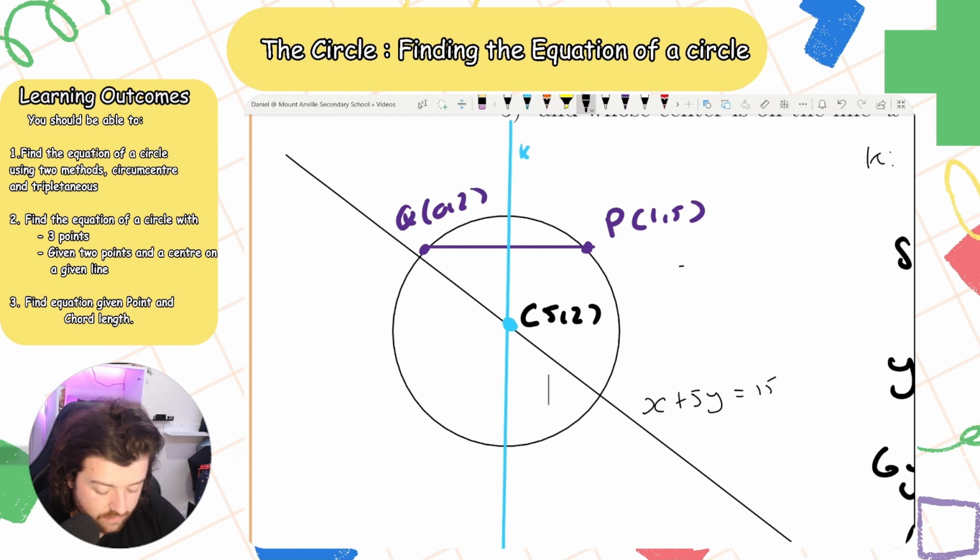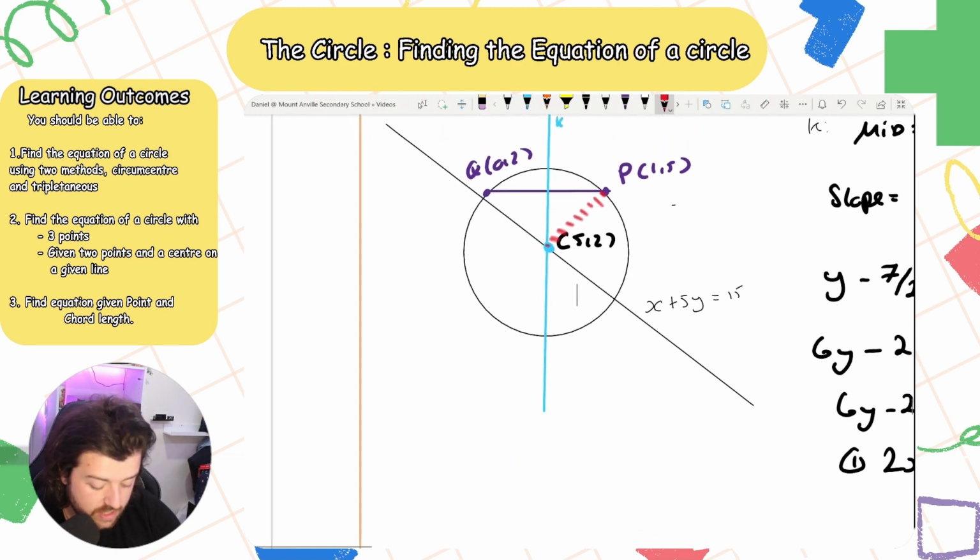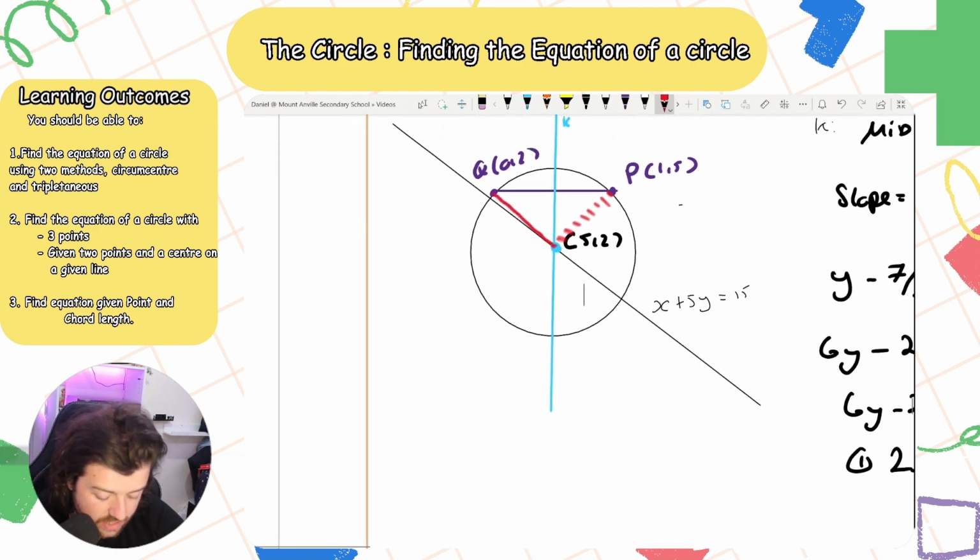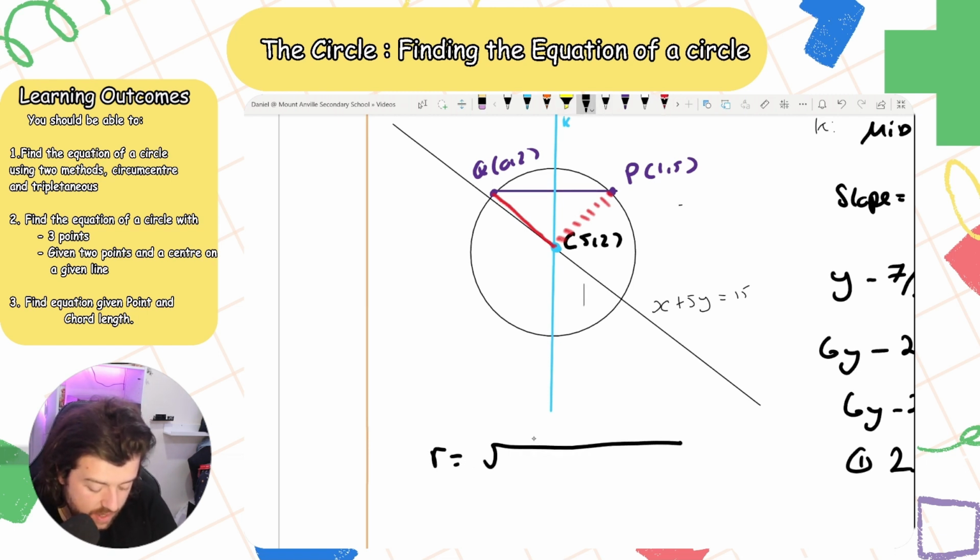I can find my radius of the circle by just finding the distance between these 2 points. So I'm going to use the distance from Q to my center. So my radius is equal to the square root of 5 minus 0 squared plus 2 minus 2 squared, which is equal to root 25, which is equal to 5.